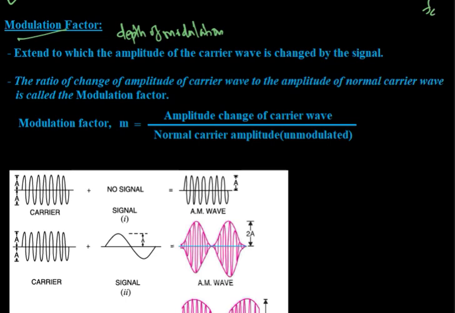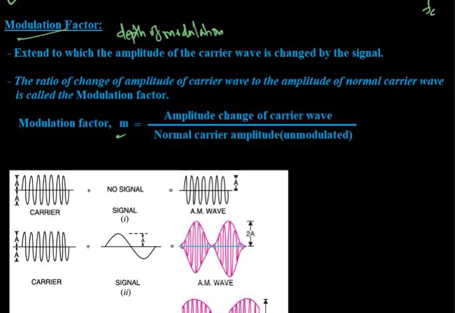It is defined as the ratio of change of amplitude of carrier wave to the amplitude of normal carrier wave. So the modulation factor is denoted by small m. It is the ratio of the amplitude change of the carrier wave, how much the amplitude of the carrier wave has been changed, to the normal carrier wave amplitude.